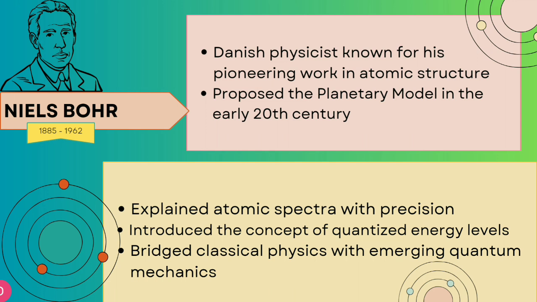Number one, this theory explained atomic structure with precision. Number two, this theory introduced the concept of quantized energy levels. Number three, this theory bridged classical physics with emerging quantum mechanics.